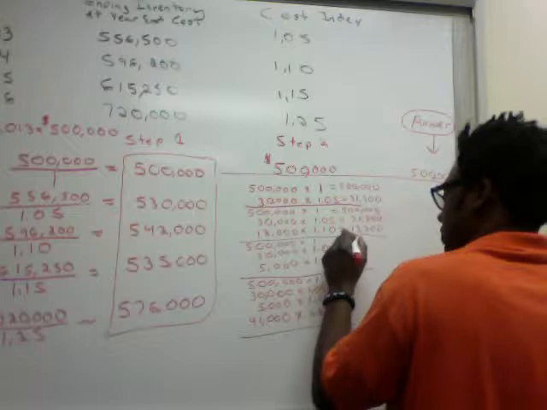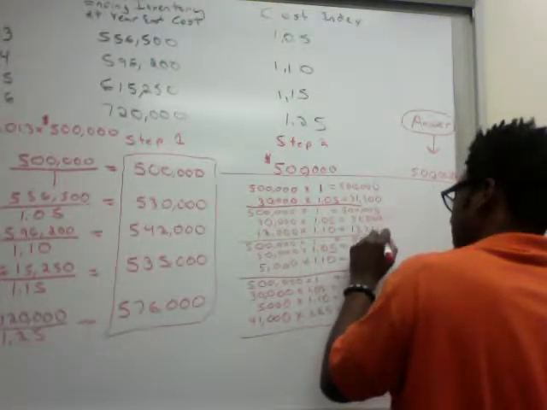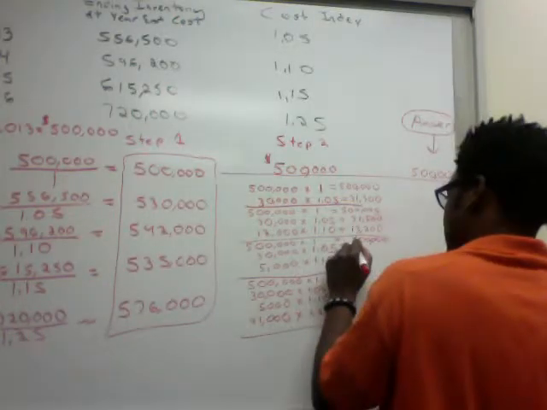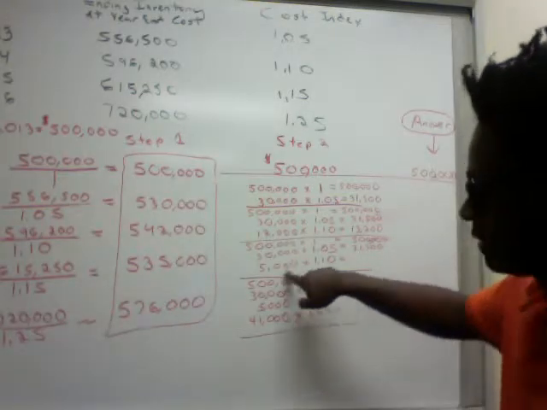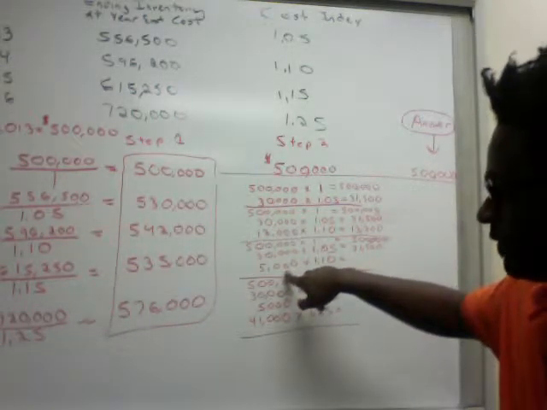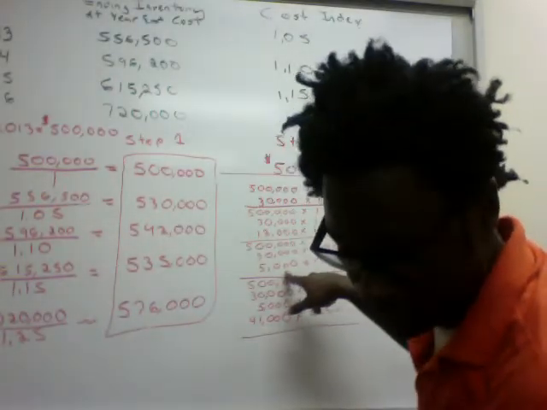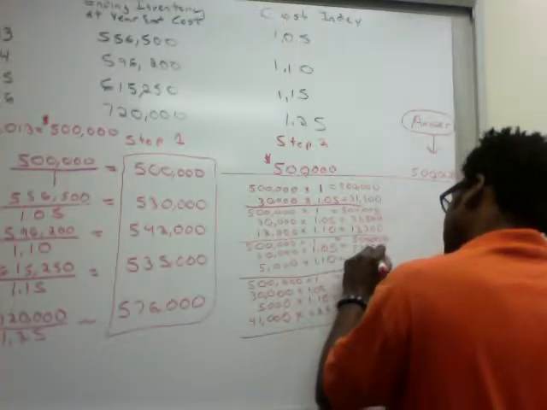We carry down what we just calculated, 500,000 again. 30,000 times 1.05, 31,500. And remember, we had to decrease and adjust our last previous layer. So now we have to calculate 5,000 times 1.1. That's going to give us 5,500.